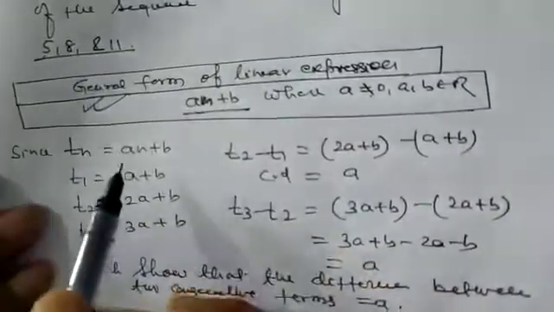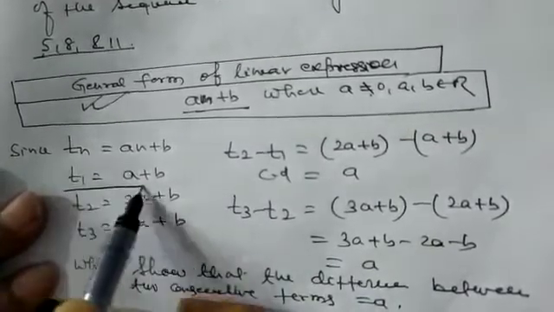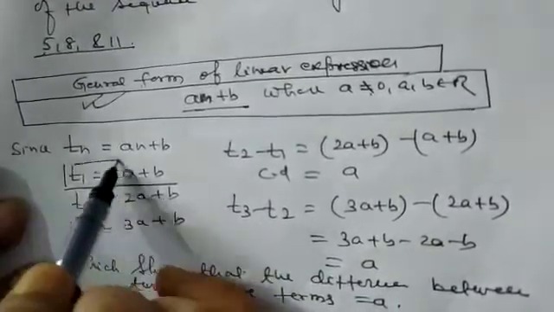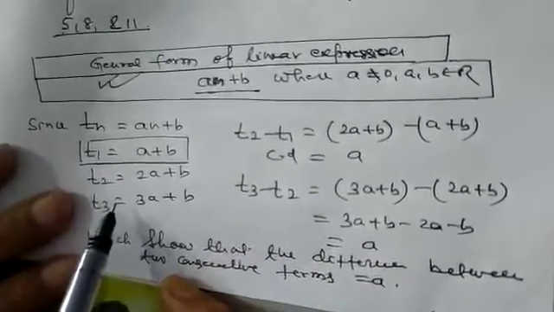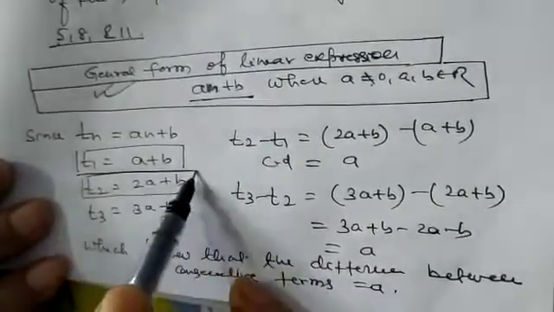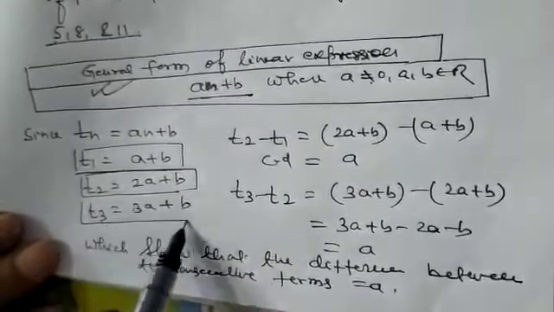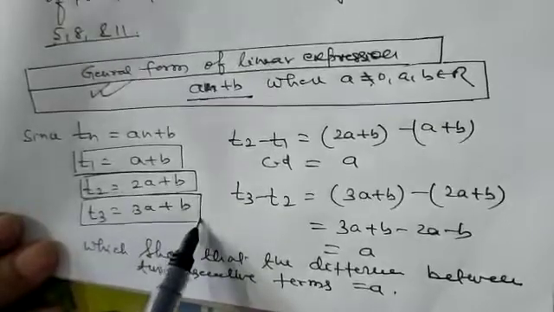Now we put n equal to 1. We have t1 equal to a plus b. If we put n equal to 2, we have t2 equal to 2a plus b. If we put n equal to 3, then t3 equal to 3a plus b.